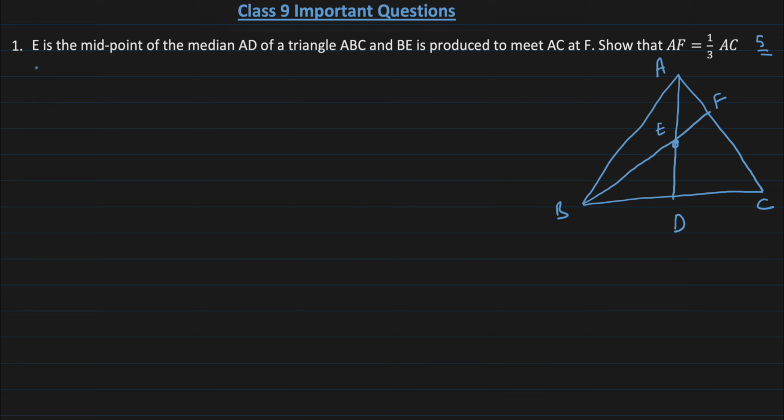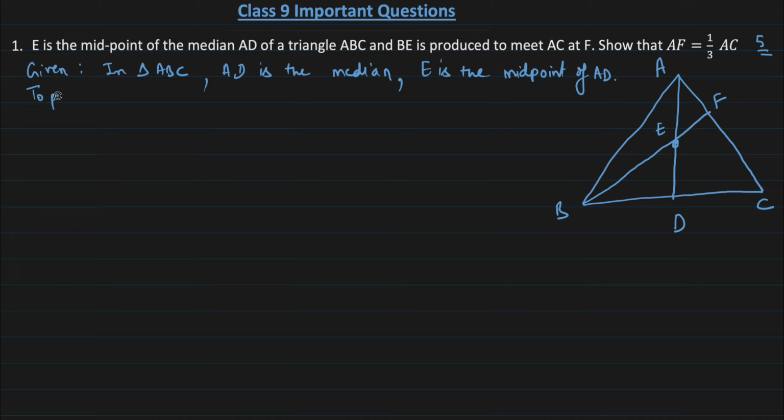So let's first write given. What all is given to us? That in triangle ABC, AD is the median and E is the midpoint of AD. Now, what do we have to prove? We have to prove that AF is 1 by 3 of AC.